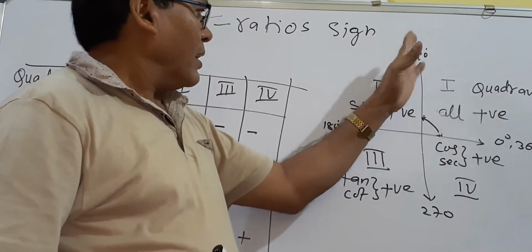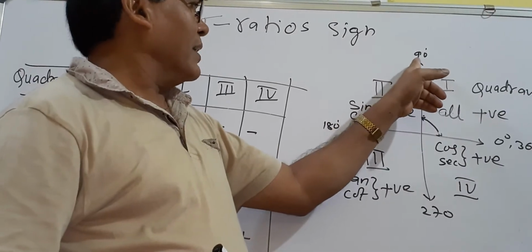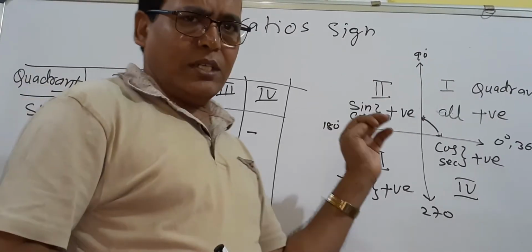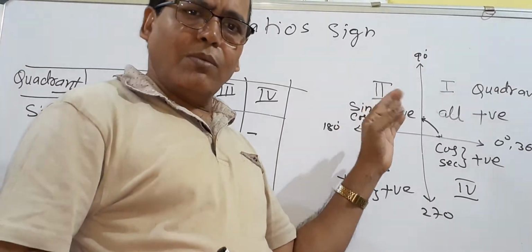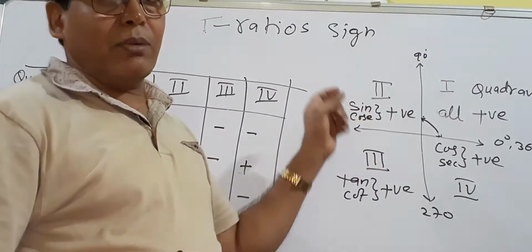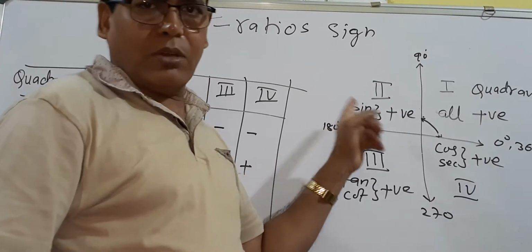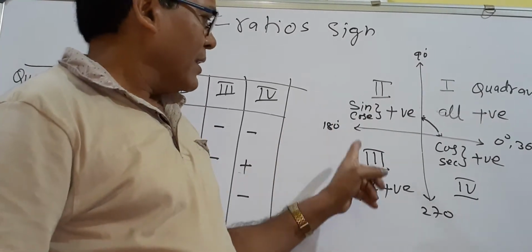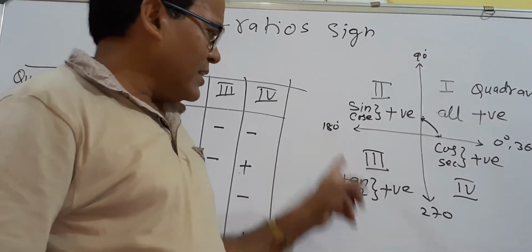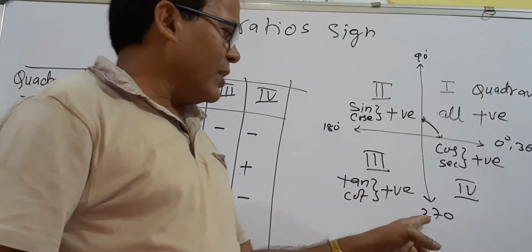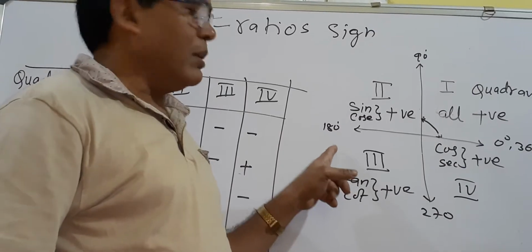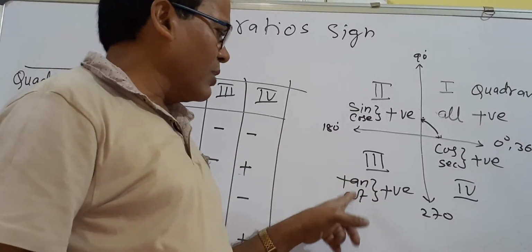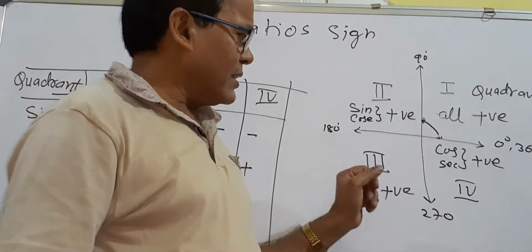Above 90, greater than 90, it means 120, 135. So cos 135, whatever numerical value there will be, but the sign of cos will be negative in this quadrant. If it is more than 180 degree and less than 270 degree, it falls in the third quadrant, and only tan and cot are positive, rest all negative.